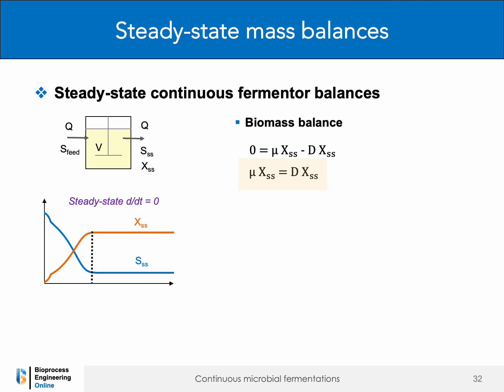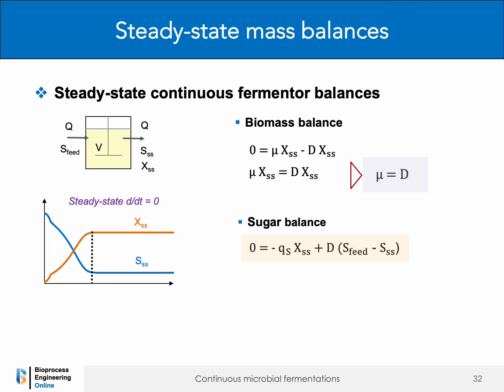Mu X_SS equals D X_SS. Dividing by X_SS yields the fundamental steady-state relation, mu equals D. This key result of continuous fermentation indicates that steady state is reached when the microorganisms adjust their specific growth rate to match the dilution rate imposed by the operation of the fermenter.